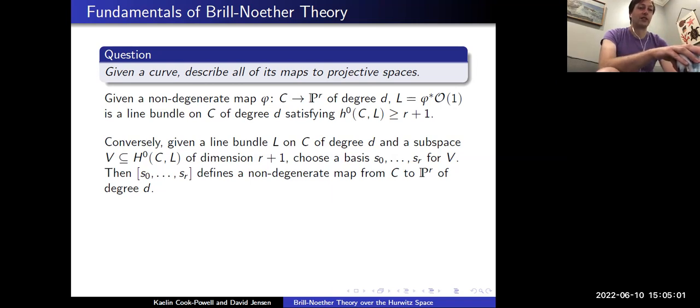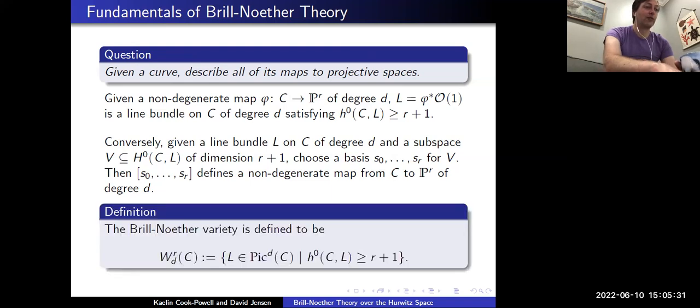Because it's a line bundle, that map is only defined up to simultaneous scaling of all of the sections. So it doesn't give you a map to an affine space, but it does give you a well-defined map to a projective space. And so there's a correspondence between line bundles on one hand and maps to projective space on the other hand. So for the rest of the talk, I'll talk about line bundles.